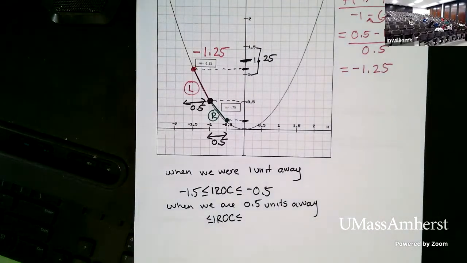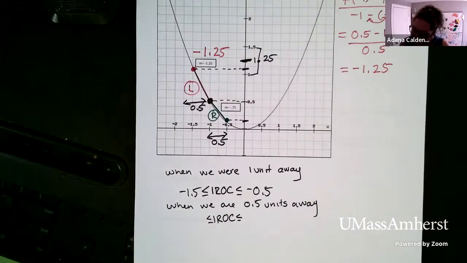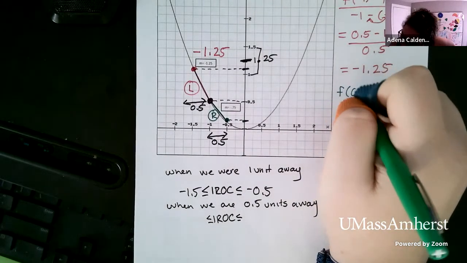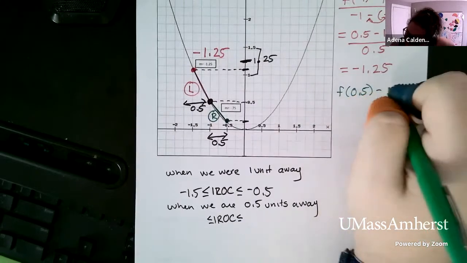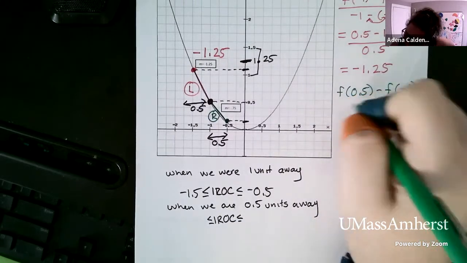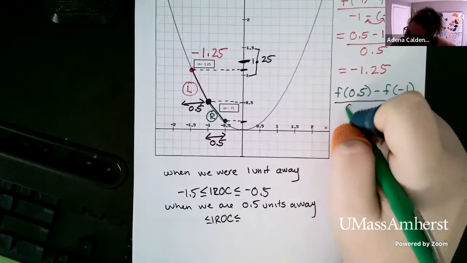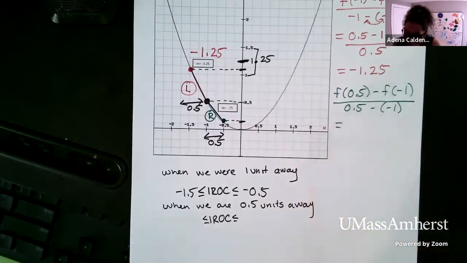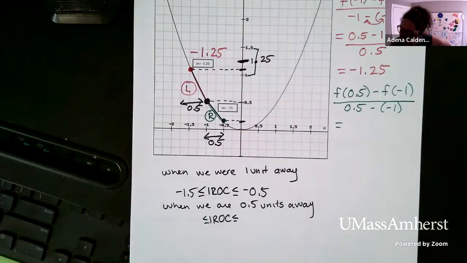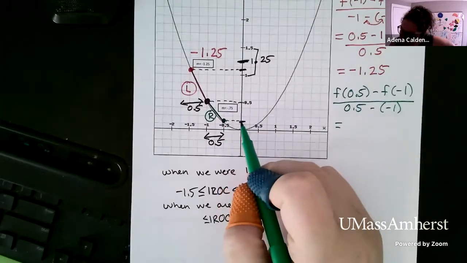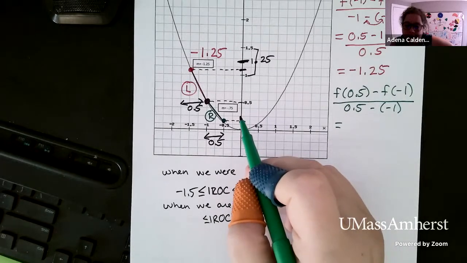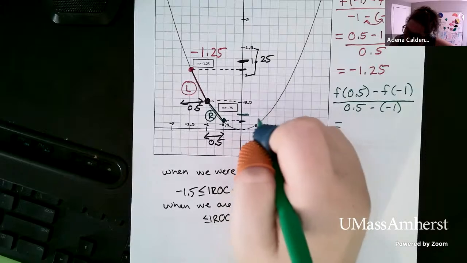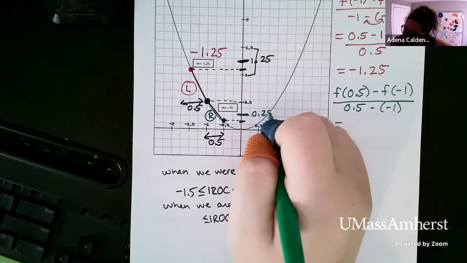When I do my average rate of change on the right, I'm using 0.5 minus f of negative 1, divided by 0.5 minus negative 1. So f of 0.5, right? I'm coming up here. I'm getting this value here. Again, I did something similar to what I did up here. I found the halfway point, which is here, and I said this is 0.25.